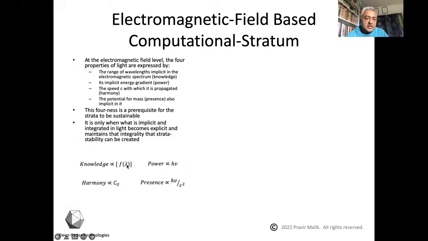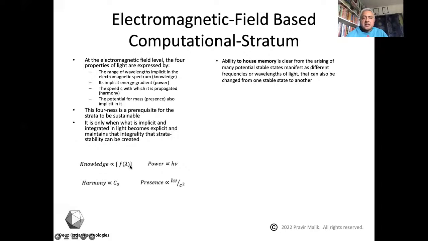Now, concisely, these mathematical notations just summarize what I had explained above, which is how knowledge, power, harmony, and presence correlate with the properties of the electromagnetic spectrum.